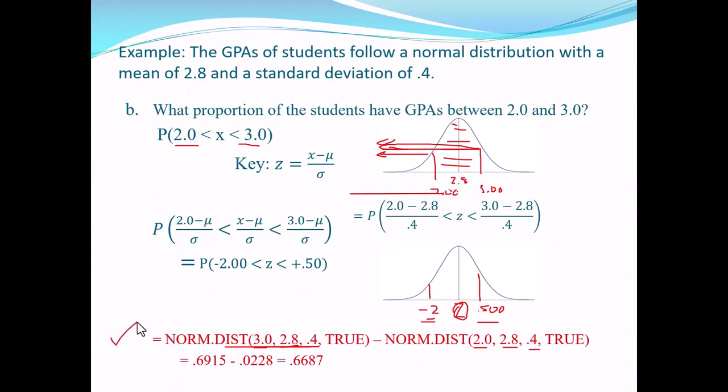So much easier to use the normal distribution function. I'm going to require it. When you do project work for me, you're going to have to use the normal distribution function to get your answers. So get good at it now. Try solving normal distribution probabilities using the NORM.DIST function.